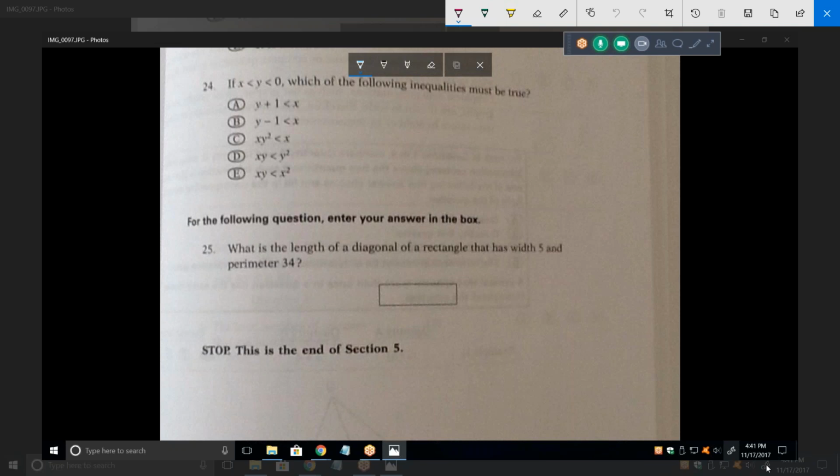So the easiest way to handle something like that is to make sure you pick, I was going to say positive and negative numbers, but now I'm looking at it, I can only pick negative numbers. So give me a number for y that satisfies this. Let's try -1. And a number for x.